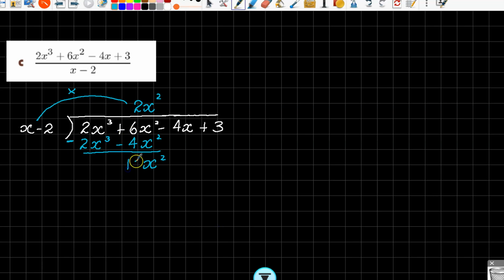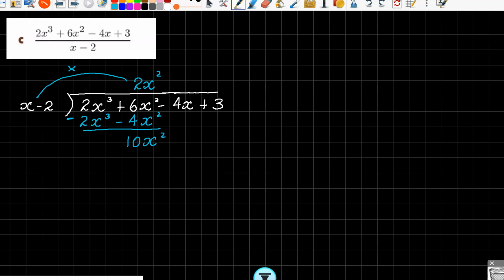Take becomes a plus. 6, take. The fun bit. Bring down. And you don't just bring down the 4, you bring down the sign that's in front of it.